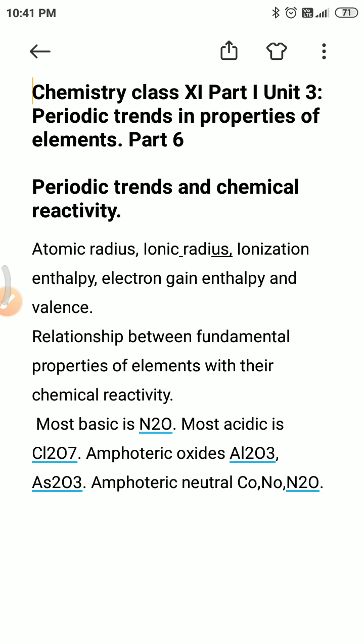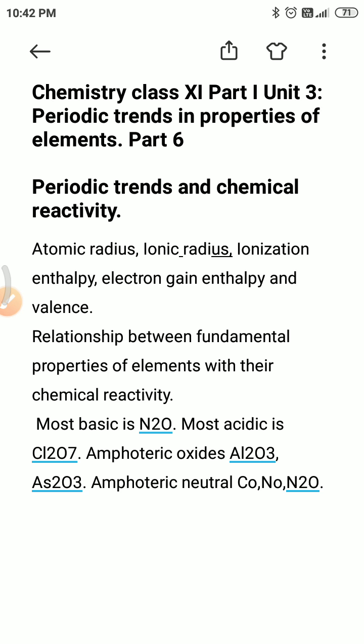The ionization enthalpies are intermediate between those of s and p block elements. As a consequence, they are less electropositive than group 1 and group 2 metals in the periodic table.